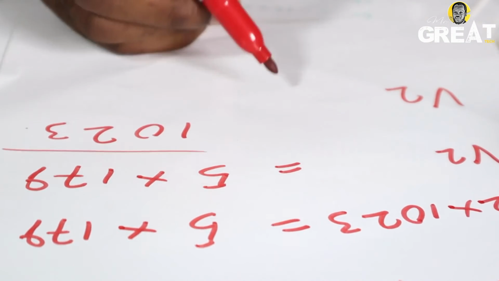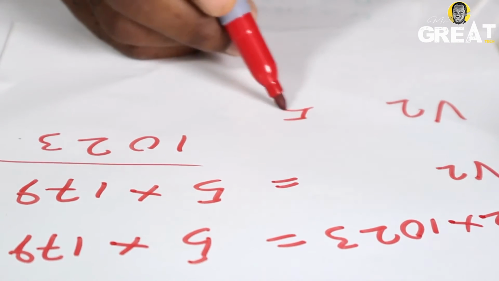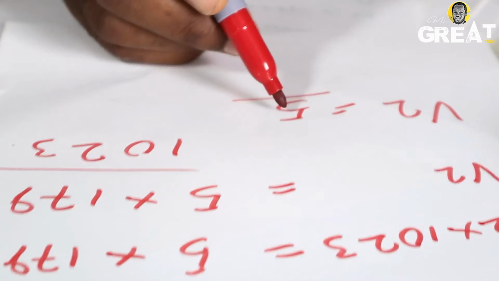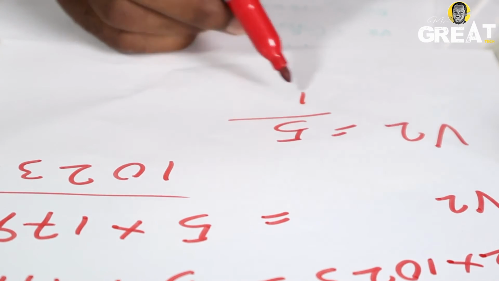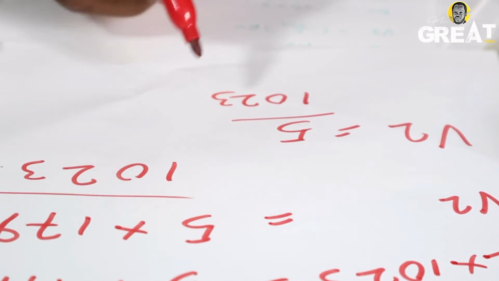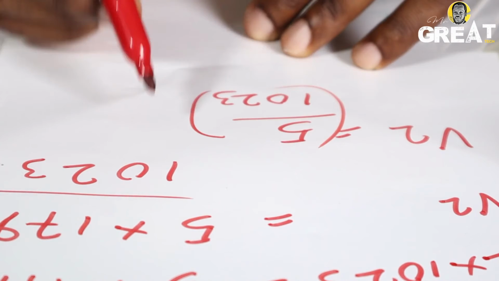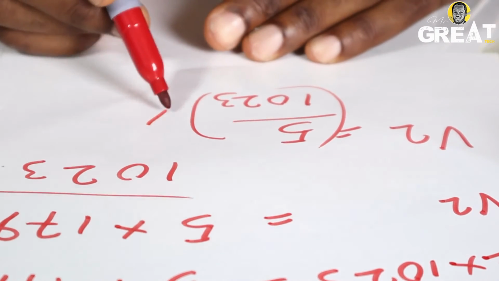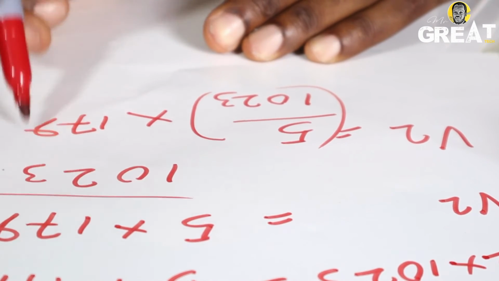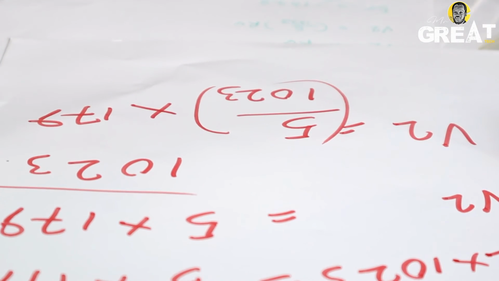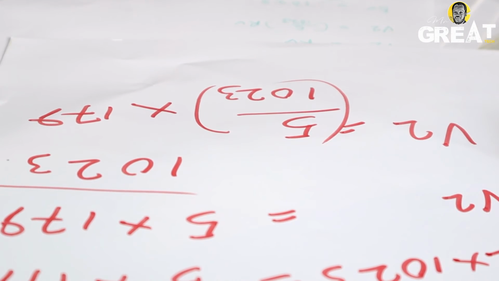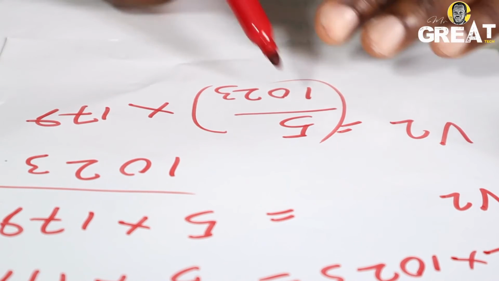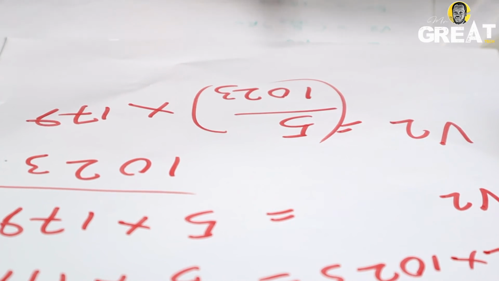V2 will be equal to 5 over 1023 multiplied by 179. Understand? Very simple. Whichever one you do first, either 5 times 179 or 5 over 1023 multiplied by 179, it gives you V2.